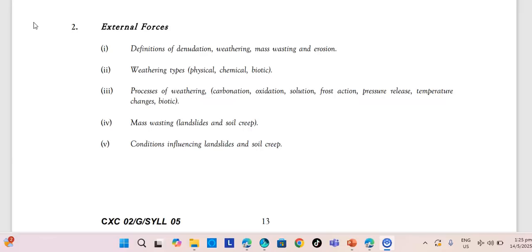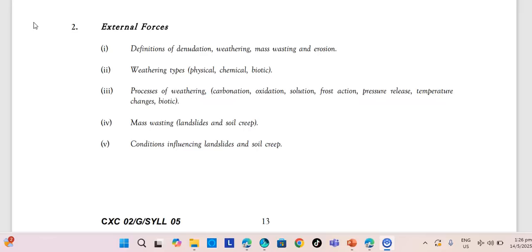Animals digging and loosening soil and rock also result in biological or biotic weathering. Humans: when we dig into the earth for mining or to construct buildings, that also results in biological or biotic weathering.